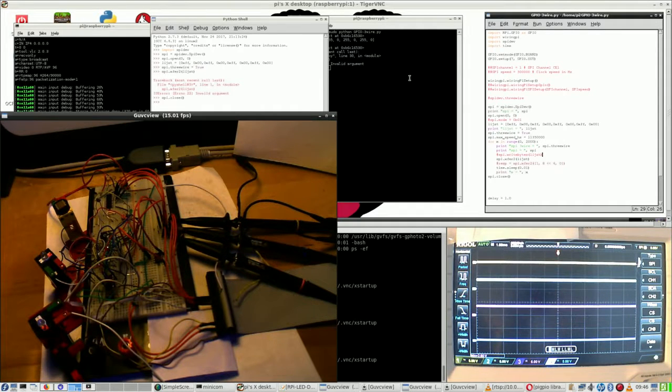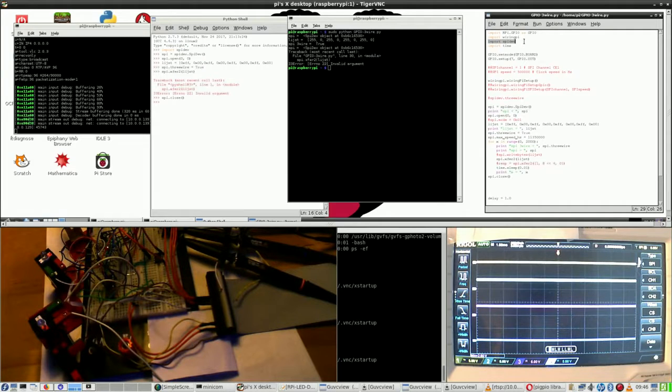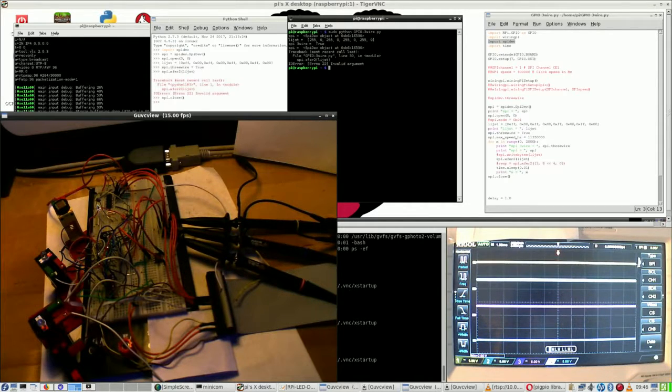And there may be just a solution, although I have to change tactics, because I am right now using spidev, which was highly recommended for this one, and it does work.